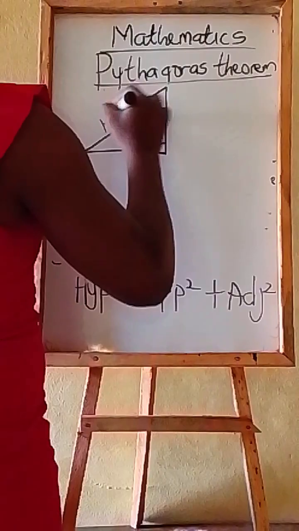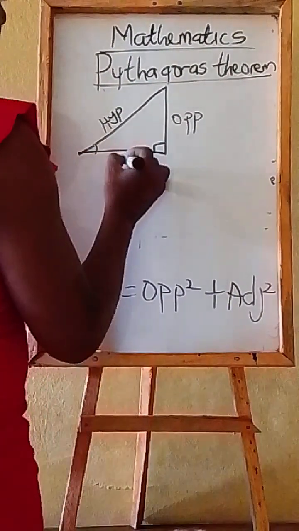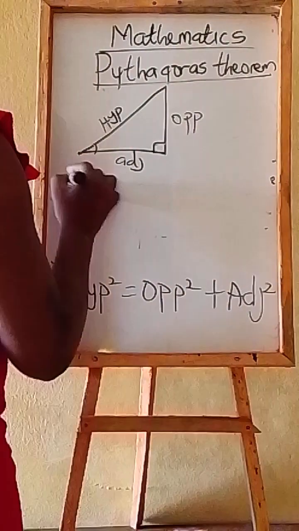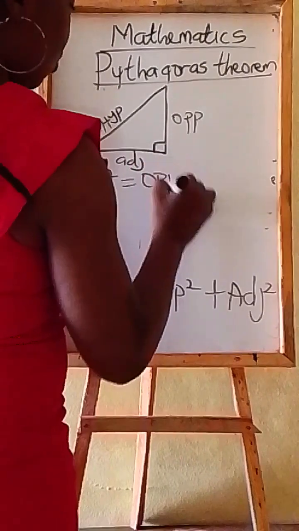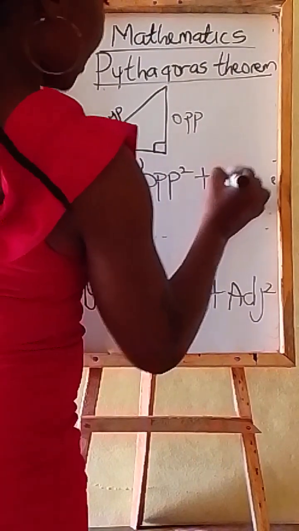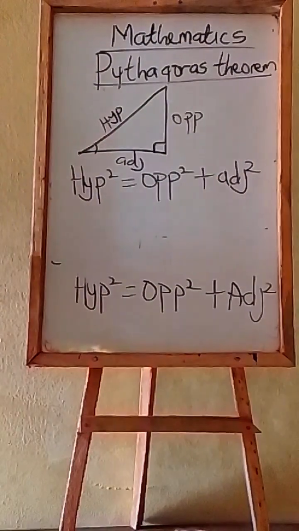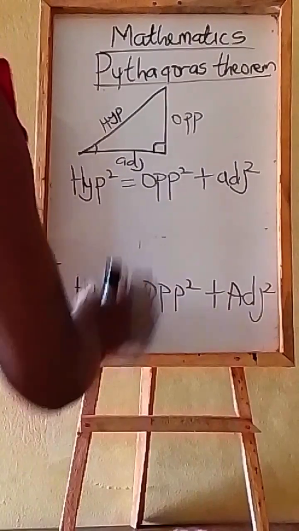We call it hypotenuse. Now, this is opposite and adjacent. So, the square of the hypotenuse is equal to opposite square plus adjacent square.